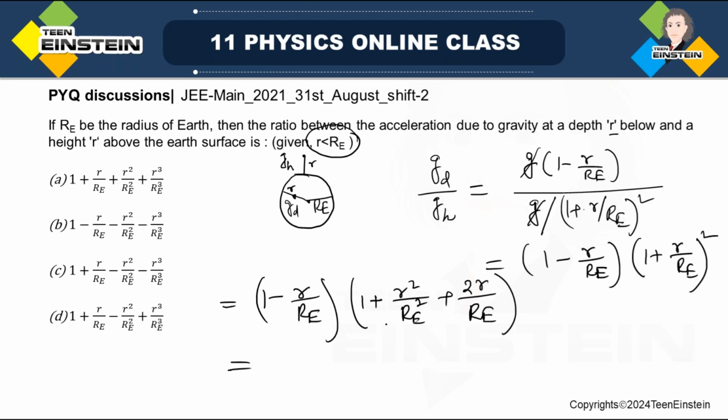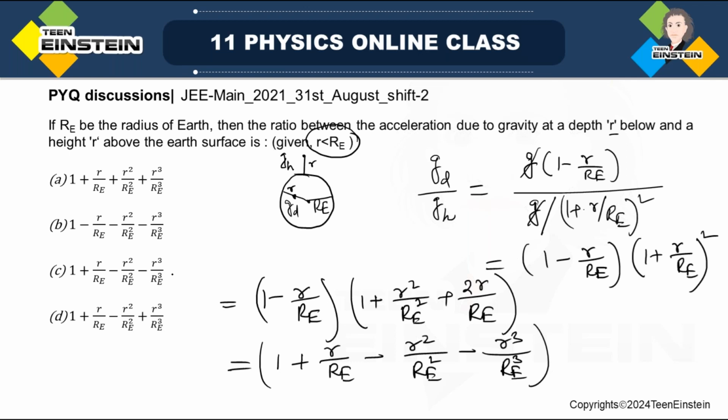Now if you multiply and simplify, what you get is 1 plus r by re minus r square by re square minus r cube by re cube. Okay, so this will be actually your answer.